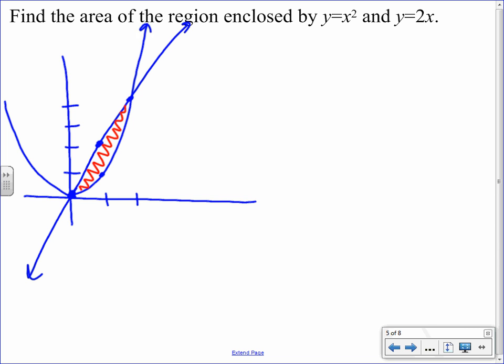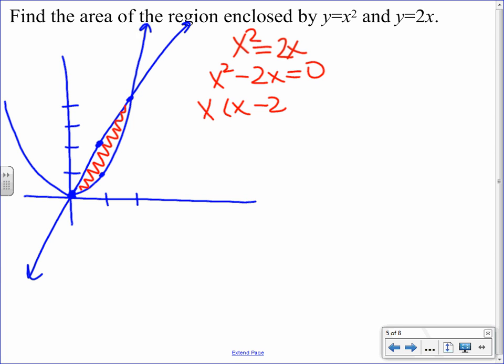What if we don't have our calculator? We want to know where they are equal. So when is x... oh my goodness, look at this equation, people. When is x squared equal to 2x? Zero. 0 and 2.